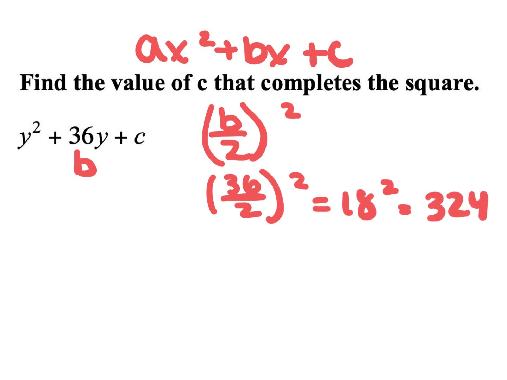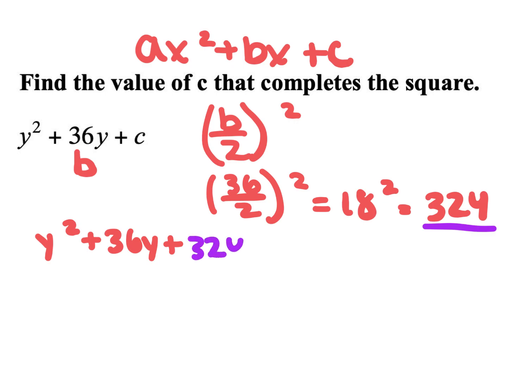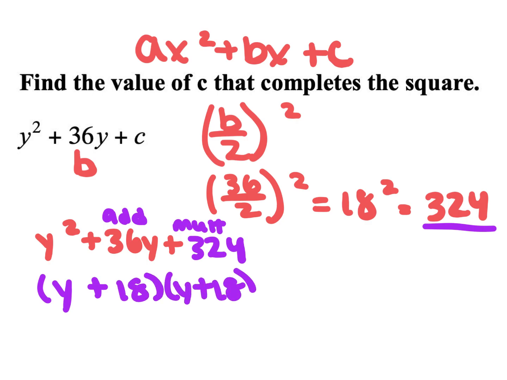Now the reason this works is because it would be y squared plus 36y plus that 324, which if we factor, so we find numbers that multiply to 324 and add to 36, it would be y plus 18 times y plus 18, which gives you y plus 18 squared, and that's why it's completing the square.